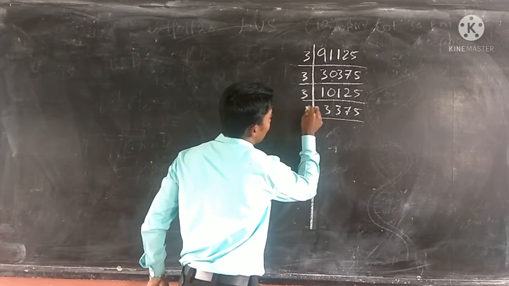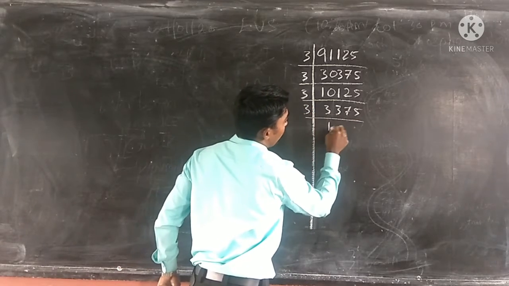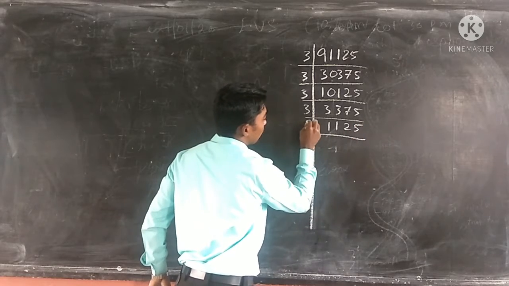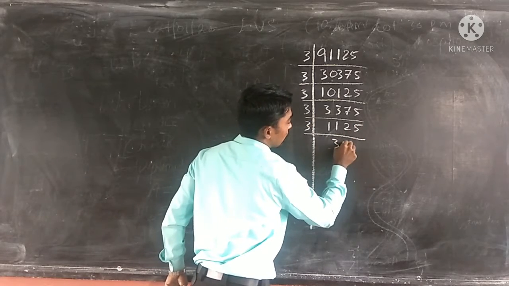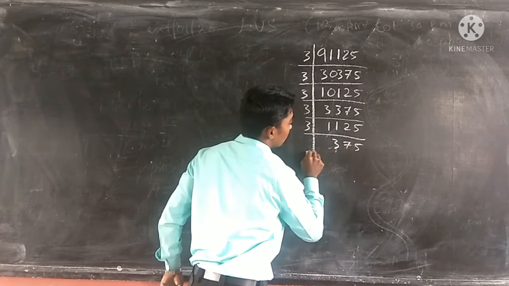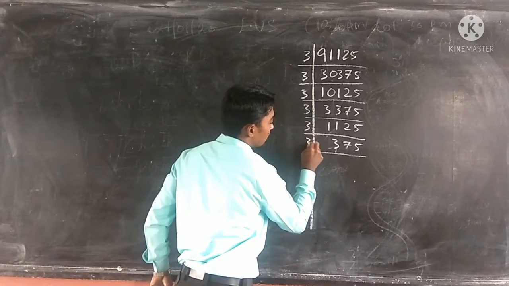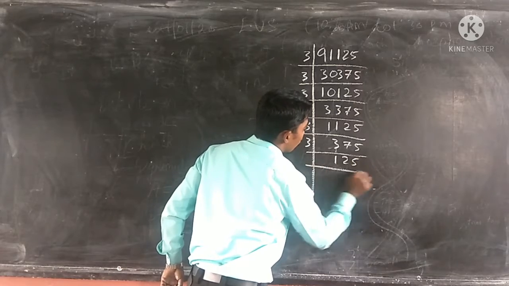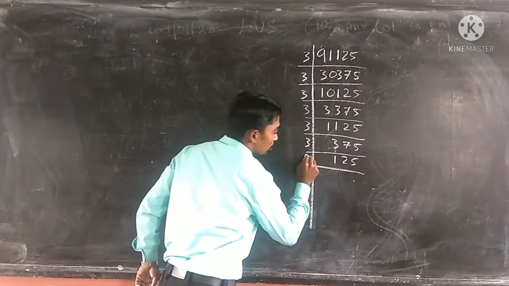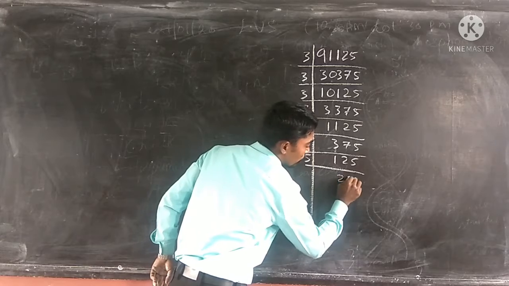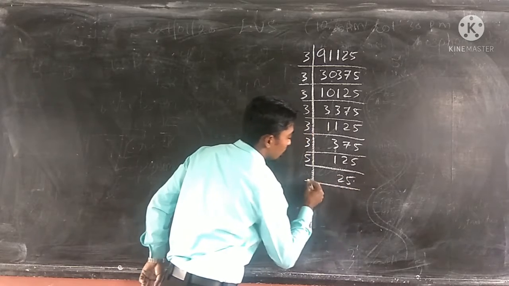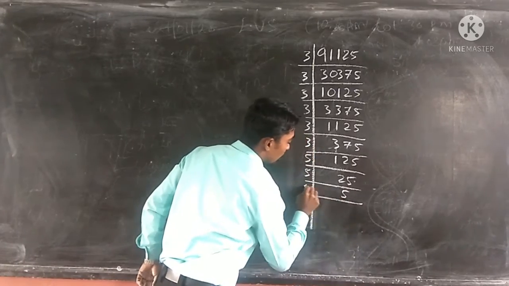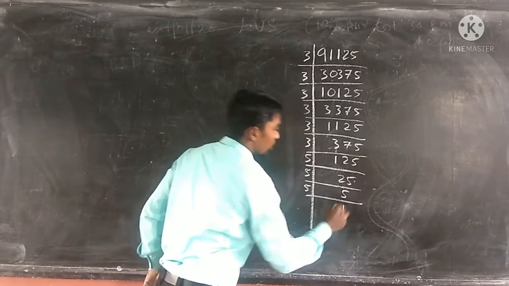We can divide this number by 3, we will get 1,125. We can divide this number by 3, we will get 375. 375 we can divide by 3, we will get 125. 125 we can divide by 5, we will get 25. 25 we can divide by 5, we will get 5. 5 we can divide by 5, we will get 1.